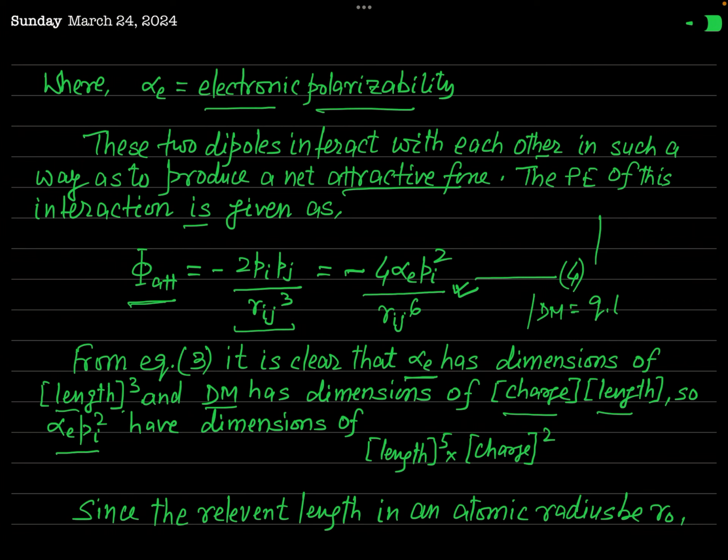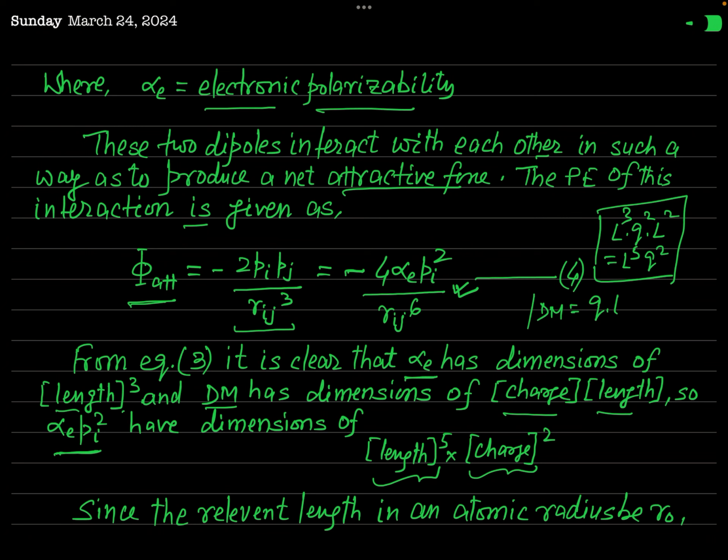Alpha E has dimensions of length cube, this is L cube, and pi has the dimension of charge into length, and since there is a square, this will be charge square into length square. So this is simply length to the power 5 into charge square. So the dimensions of alpha E times pi square will be length to the power 5 times charge square.